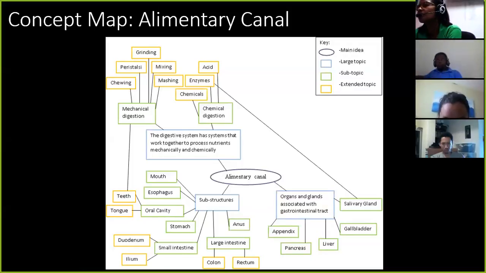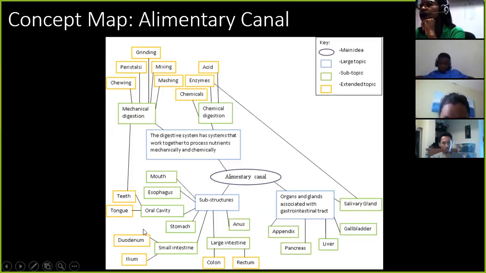You can see that I have connected the teeth and the tongue to mechanical digestion. Mechanical digestion then goes off into extended topics, kind of explaining what mechanical digestion is, chewing, grinding, etc. I hope you all can see.